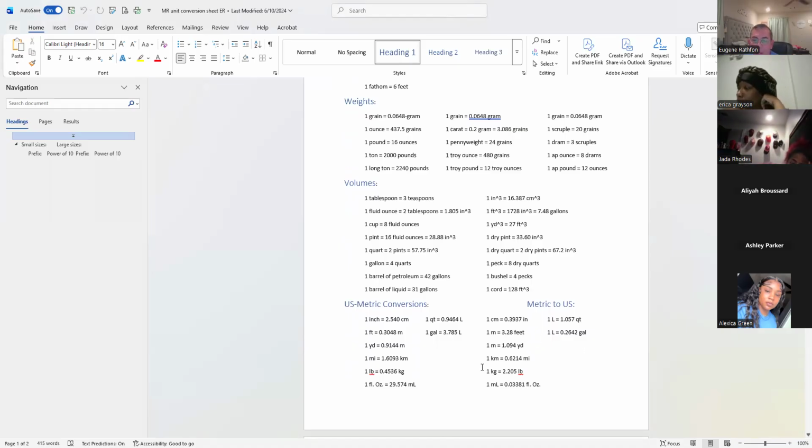Now the U.S. metric, they go from liters to gallons, but if you notice on the left side, it's got from American to metric, and there's that 1 gallon equals 3.785 liters. So those are helpful conversions that'll help you on your homework, okay?